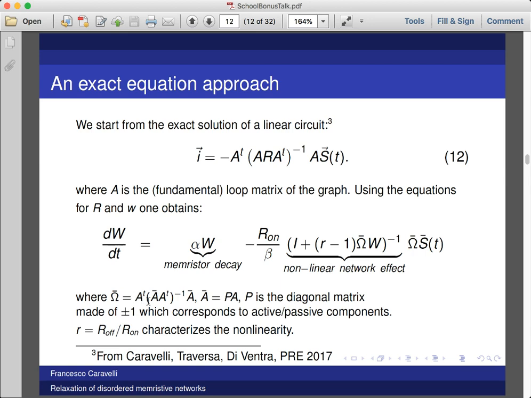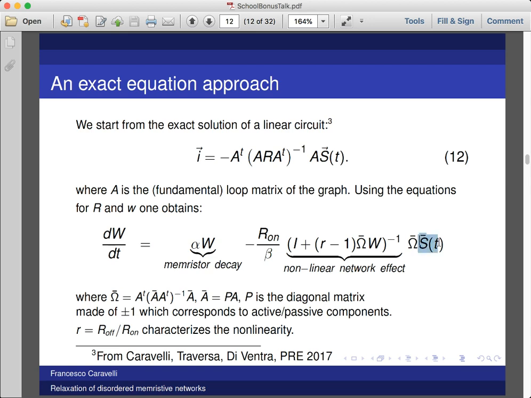So it's purely graph theoretic in origin. And basically I plus R minus 1 omega W, inverse, which is actually key here, is basically the nonlinear effect of the response of the network. As a matter of fact, it's what makes this component very complicated.